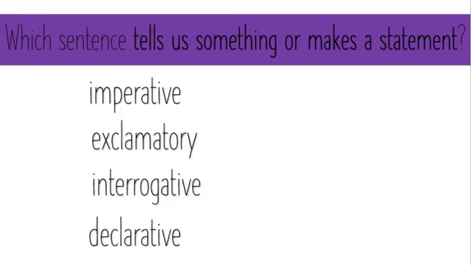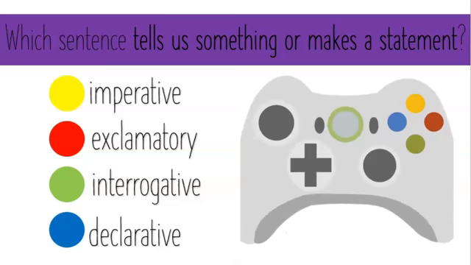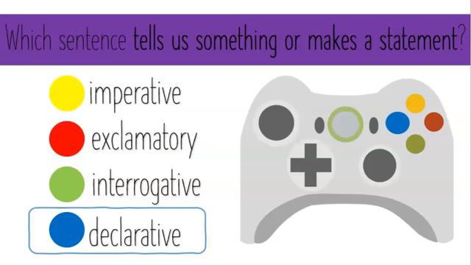Which sentence tells us something or makes a statement? Great, I see you selected blue. Declarative sentences tell us something or make a statement.